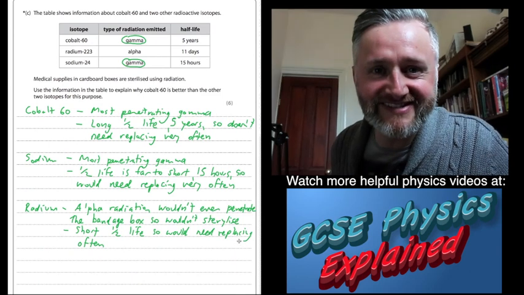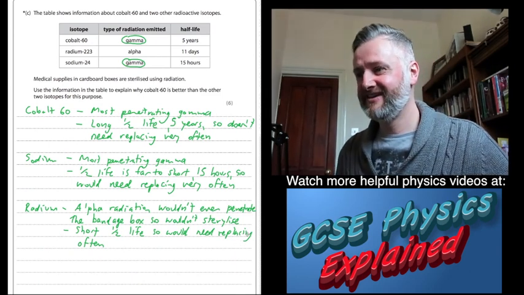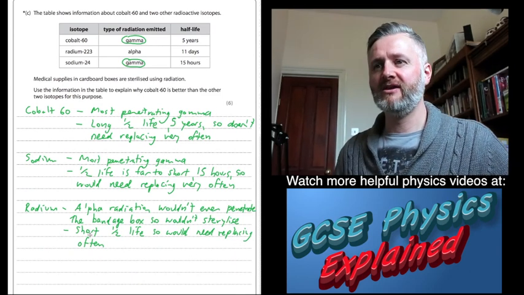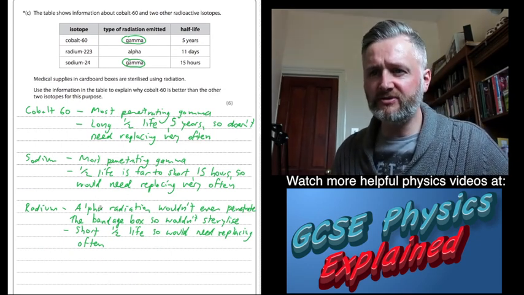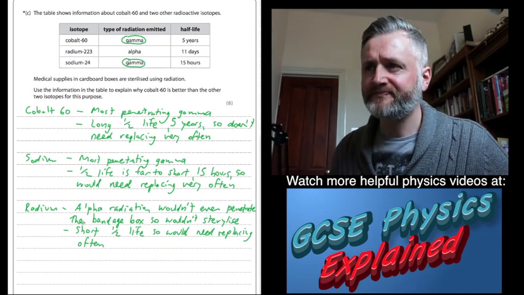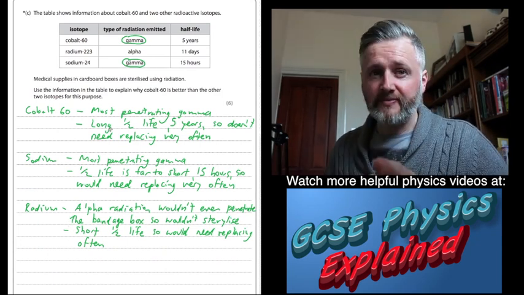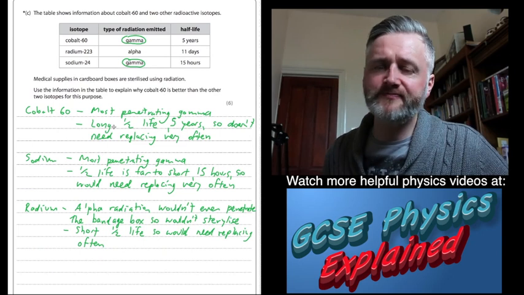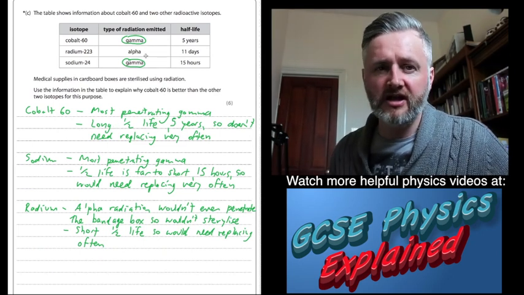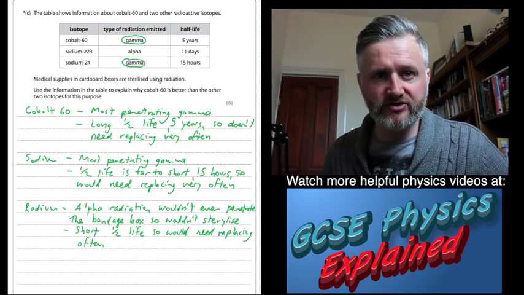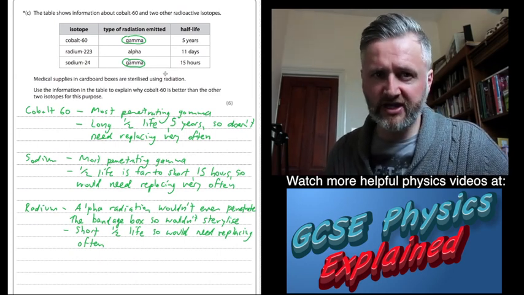Sorry about me writing, it's terrible. Right, so I've put a couple of things about the cobalt, a couple of things about the sodium and a couple of things about the radium. I would encourage you to quote the values from the table that it's given you, but I would also encourage you to interpret that information.